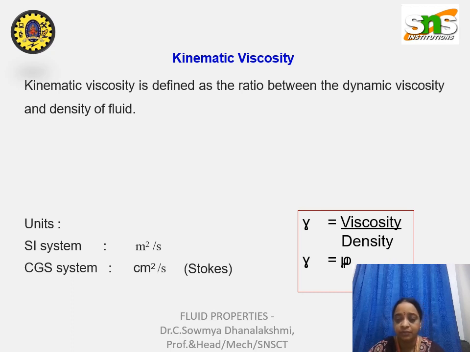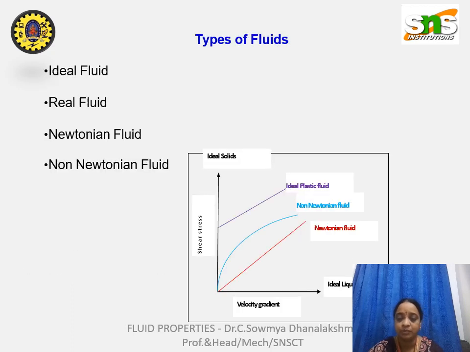The unit for kinematic viscosity in SI systems is meter square per second, and in CGS systems is centimeter square per second, which we call Stokes. So poise is the unit of dynamic viscosity, Stokes is the unit of kinematic viscosity. Based on the unit, we have to assign the data for solving these problems.